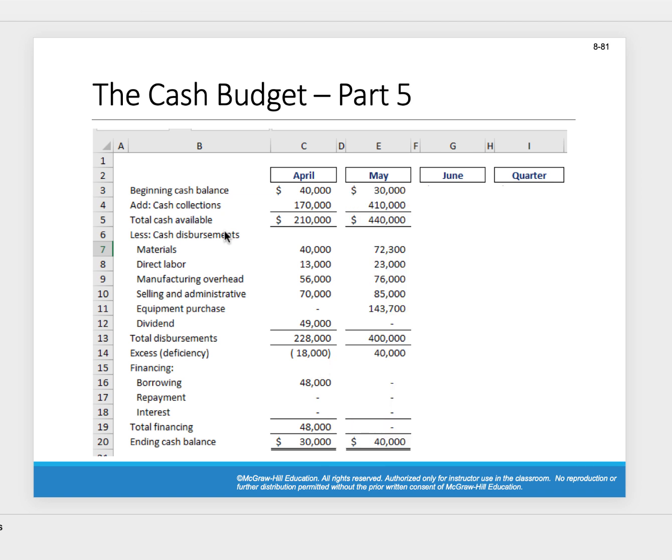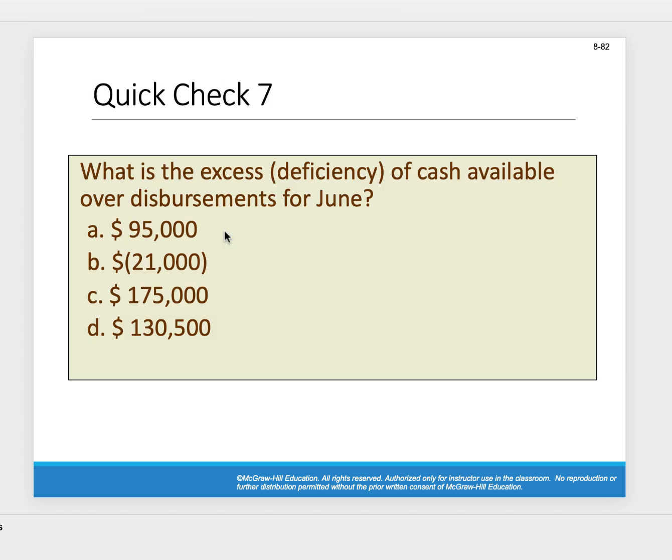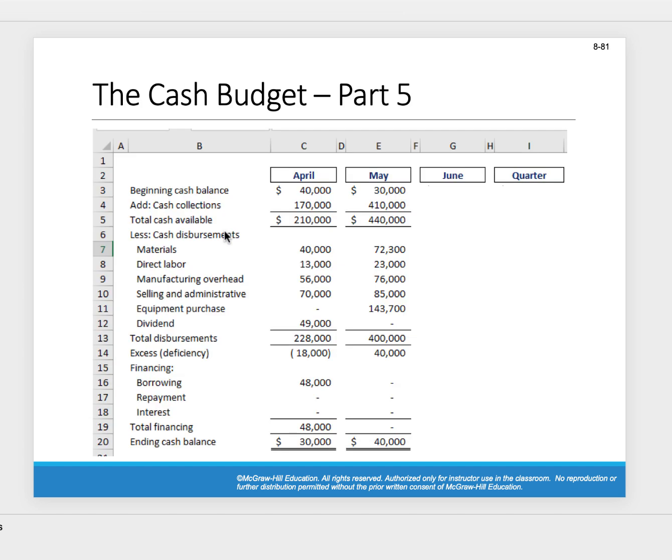Guess what? I start May with the same thing, $30,000. I add my cash collections. Where do I get my cash collections from? The schedule of cash receipts, right? I subtract out all my disbursements, direct materials, direct labor, MOH, selling and administrative.